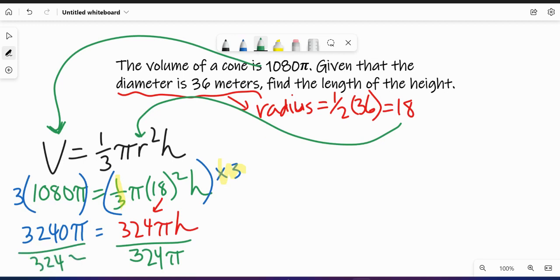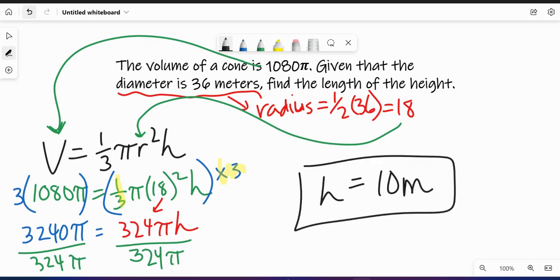The reason I know this off the top of my head is the only difference is the 0 here. So all I have to do is take this number, and the height is going to be 10 meters. So your height is 10 meters. 3,240 divided by 324 is 10. The pi's cancel out.